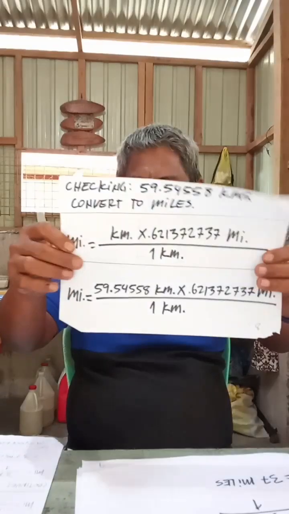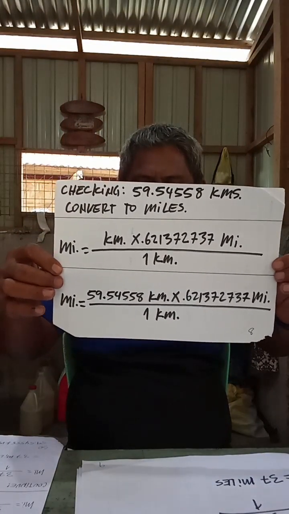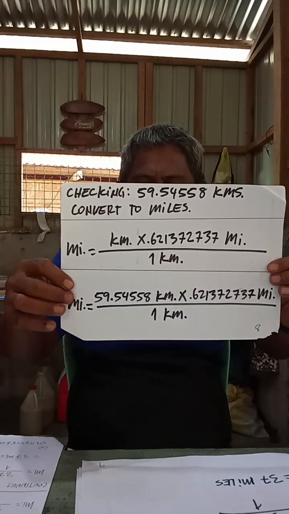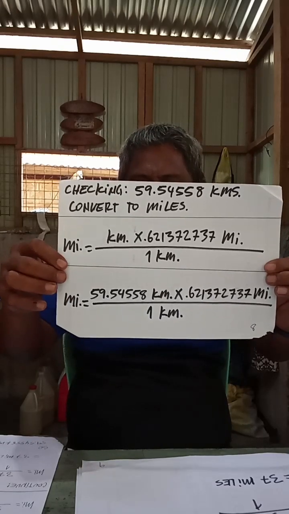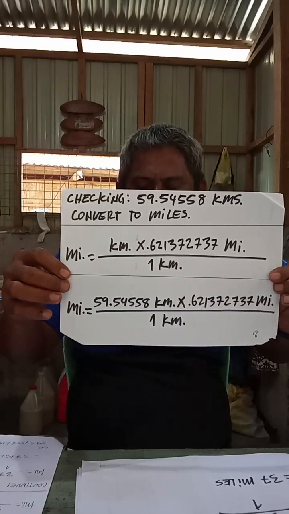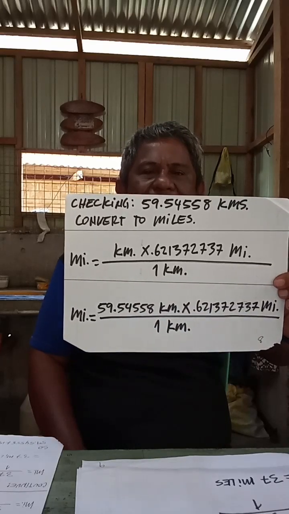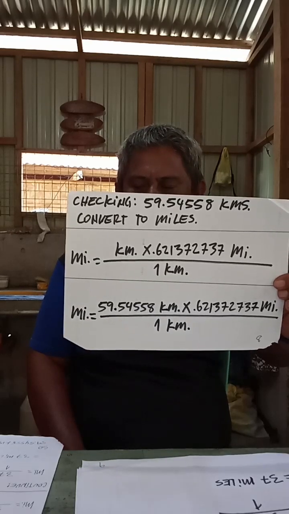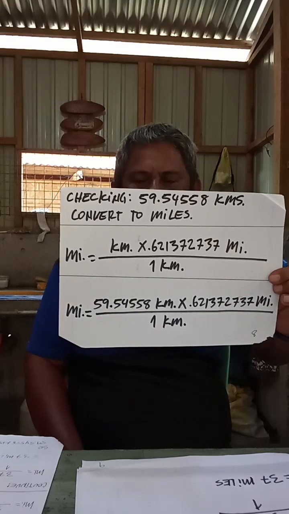So checking, Set B formula checking. 59.54558 kilometers convert to miles. And to find miles is kilometer times 0.621372737 mile over 1 kilometer. So, mile = 59.54558 kilometer times 0.621372737 miles over 1 kilometer.